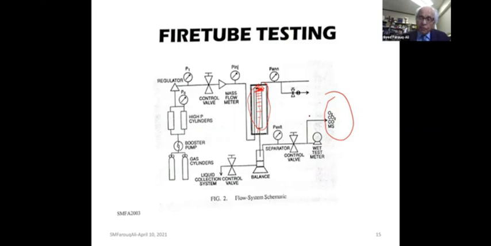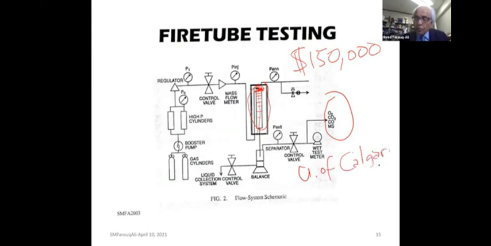It's a very complex experiment, and just one experiment will cost you about $150,000. Very few labs can do it. The University of Calgary has one of the oldest and biggest labs for this experiment. Also the IRS in India, Institute of Reservoir Studies, it's not the IRS in the US, in Ahmedabad, also has a tube.